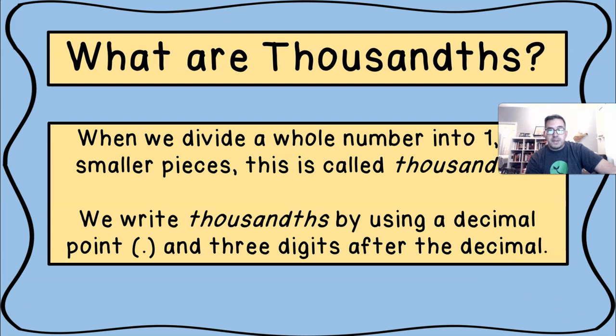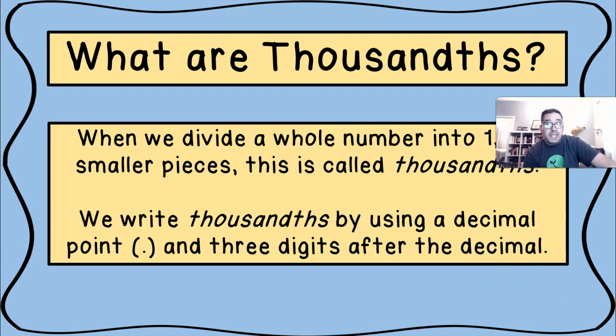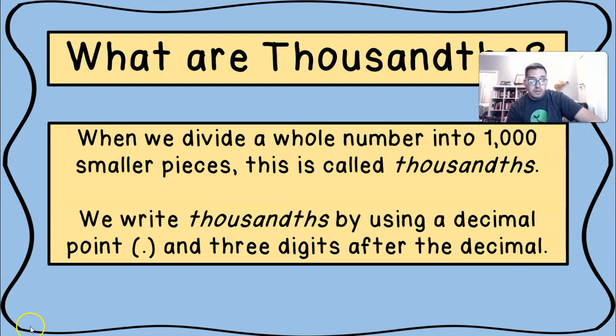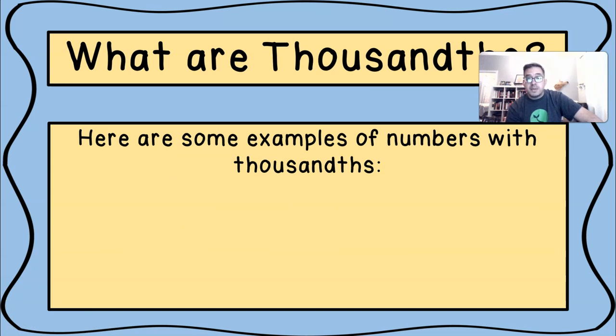We write thousandths by using the decimal place and then having 3 digits after the decimal. So here are some examples of numbers with thousandths in it. We'd read this whole number, 578. It comes after the decimal, so we read it 578. Then it needs a last name, 1, 2, 3 decimal places. So this is thousandths, 578 thousandths.